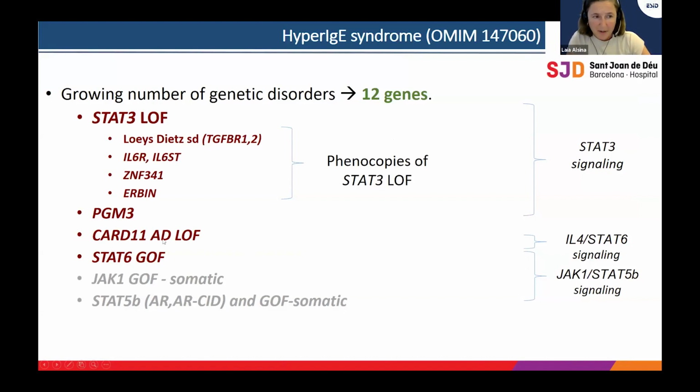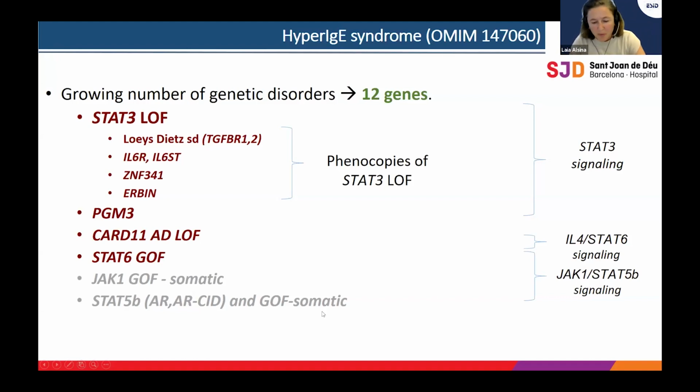Then we have CARD11 loss of function, and then STAT3 gain of function that will be mentioned later on by Stuart, and have included these two diseases that, of course, in the new classification, since the genetic defect is a somatic mutation, they are in the 10th group of the IUIS classification.